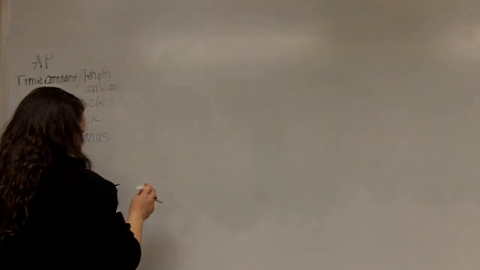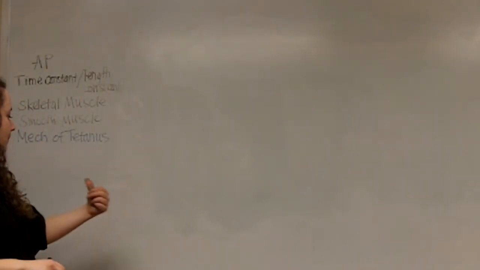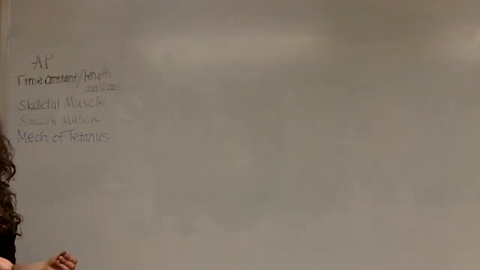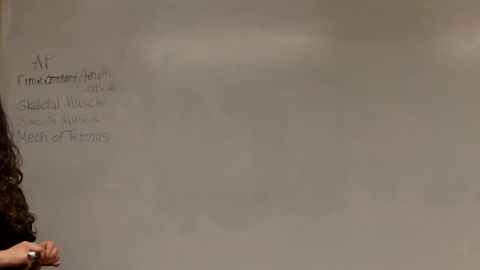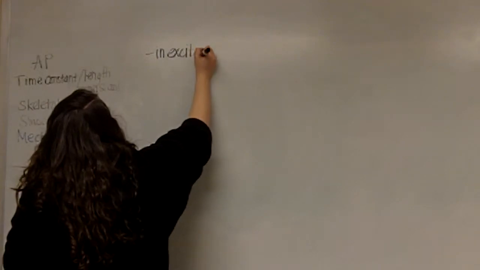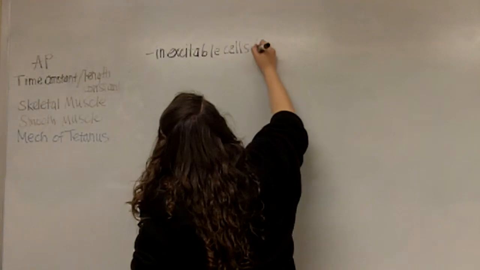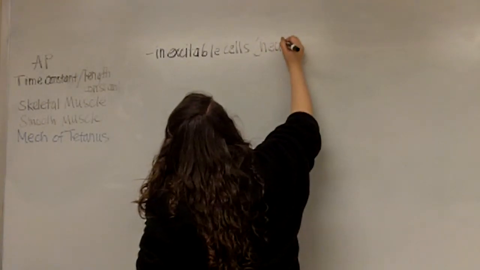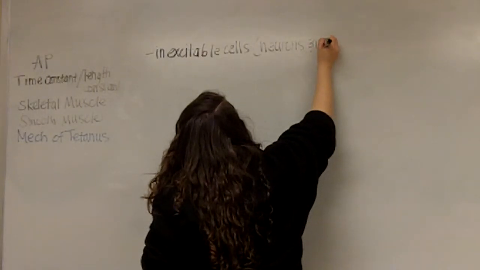So, I know what action potential is, but... Okay, what is it? It's rapid depolarization in excitable cells. So it's in excitable cells, and that narrows us down to two cells: neurons and muscles.